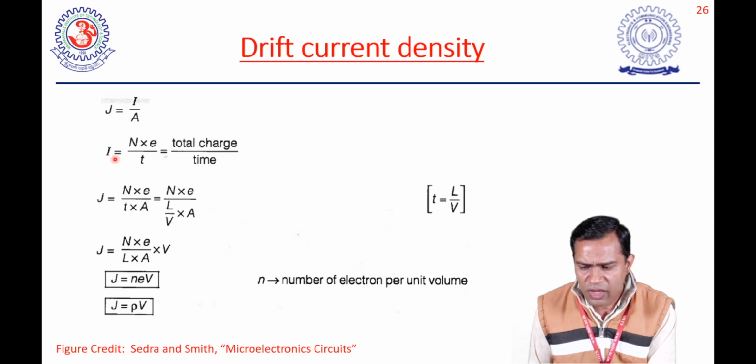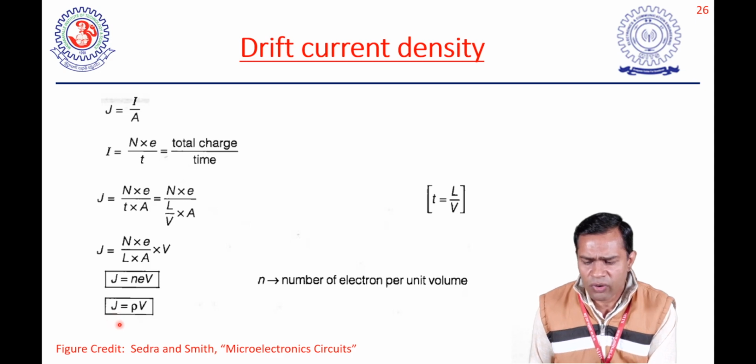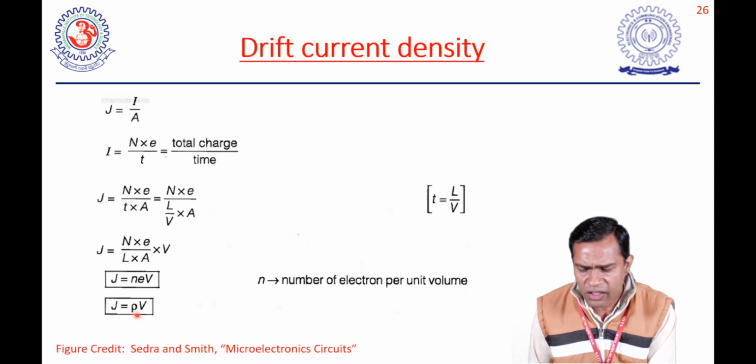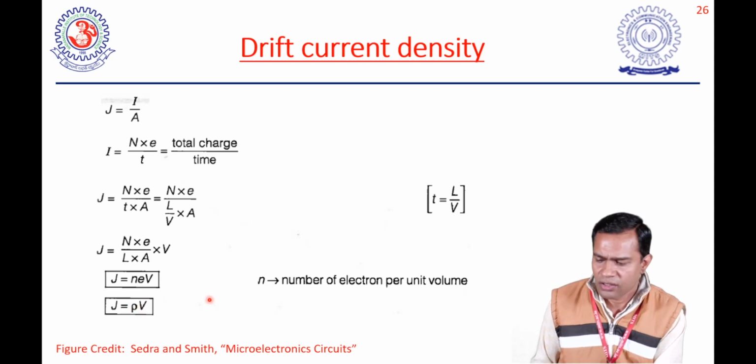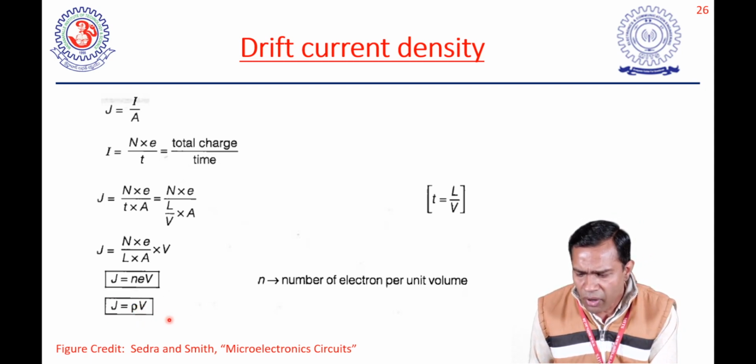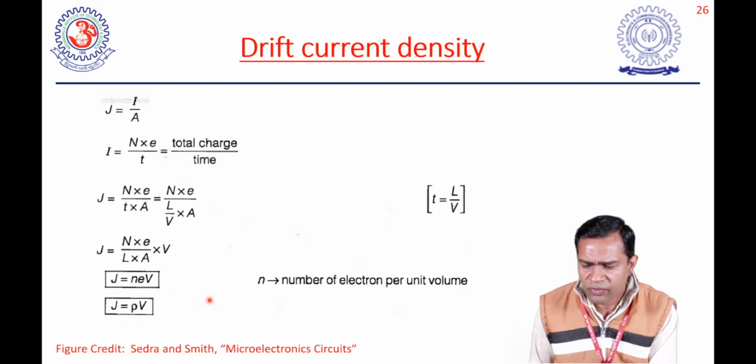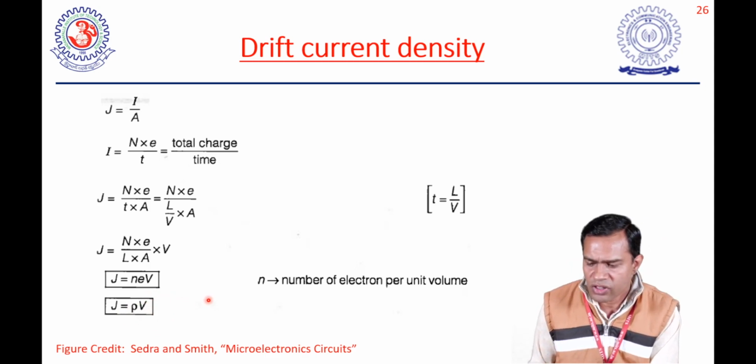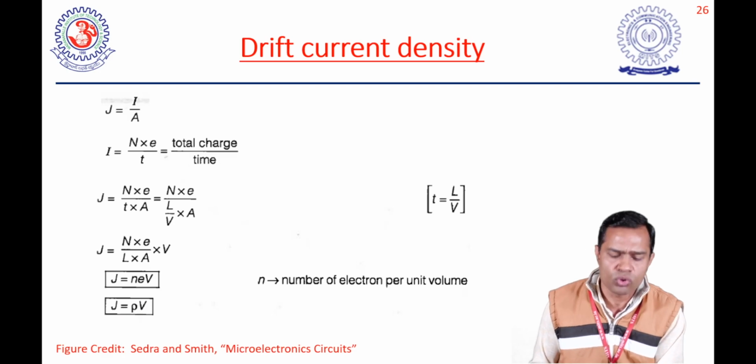Using this, we can put in the value of current, and after simplifying we will get charge density. J is the current density, equal to rho V, where rho is the charge density and V is the velocity. This is a very important formula, J equals rho V.